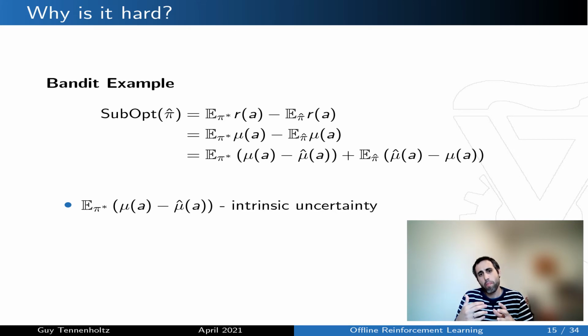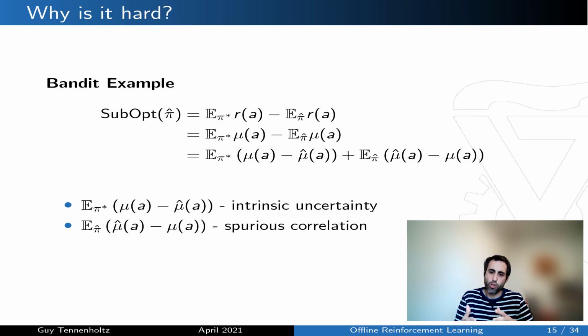The more problematic term is the second term that we have here on the right. We can call this term the spurious correlation term. The reason is that we have an expectation over mu hat, but the expectation is also induced by a policy pi hat that was induced by our empirical estimator.